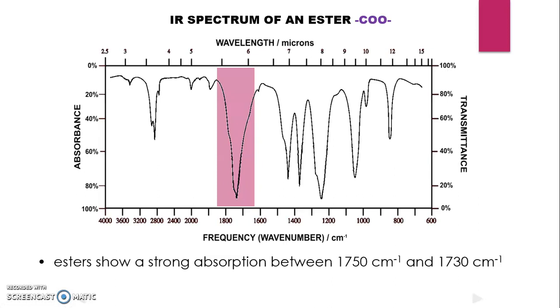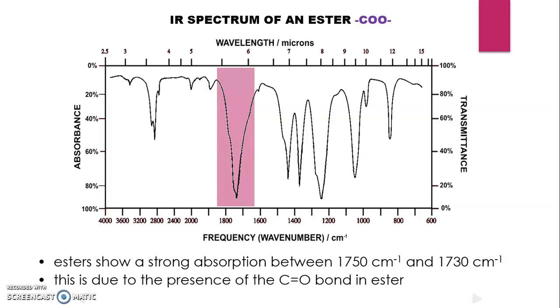You will see that there is a strong absorption somewhere around 1700 to 1800. Okay? That might vary depending on what groups are connected to the particular ester functional group. But normally around 1700 to 1800, that is due to the carbon-oxygen double bond.